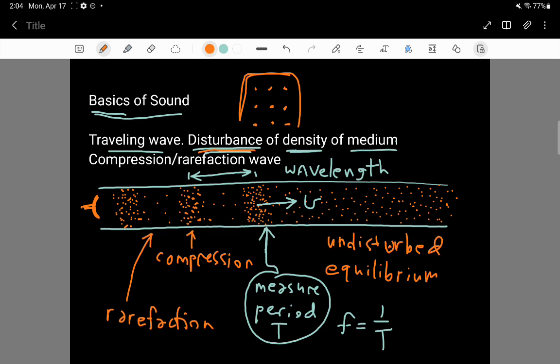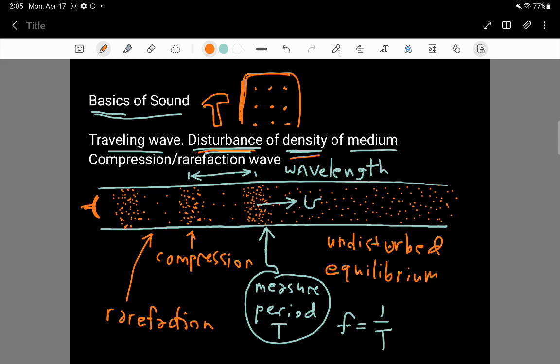And to disturb the equilibrium, what we're going to do is change the density. That is, we're going to take some of the molecules and make them sit really close to each other. So let's say that I all of a sudden took a hammer and I struck this side of this object.